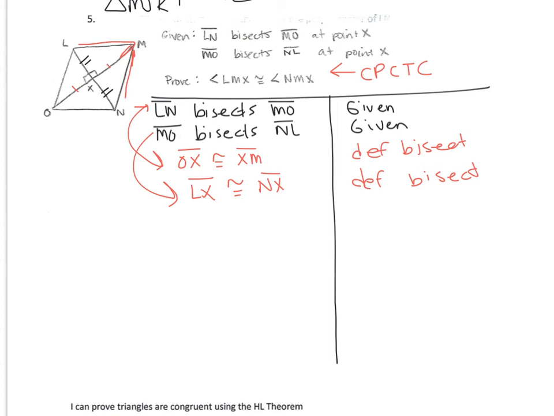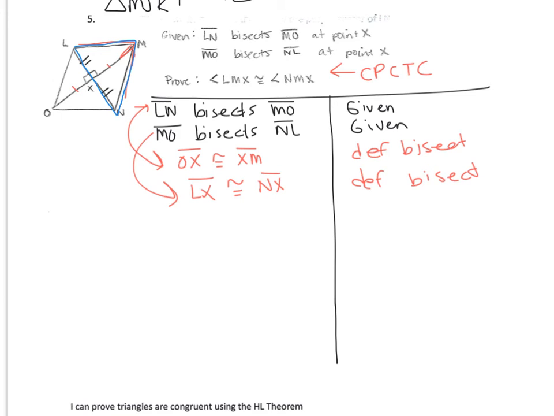So what I see is I don't have, let's see. If I'm trying to prove that these two angles right here, I was thinking I would do it differently, but I'm just going to look at these blue triangles right here.